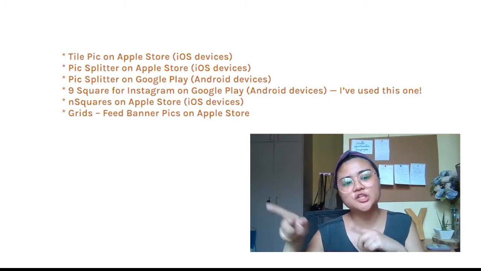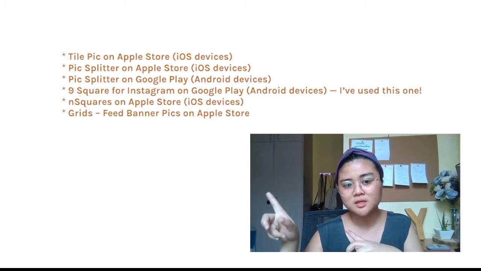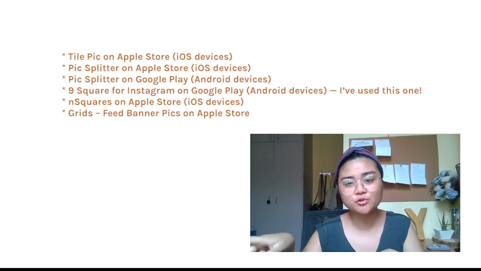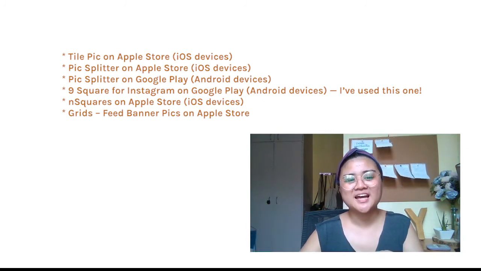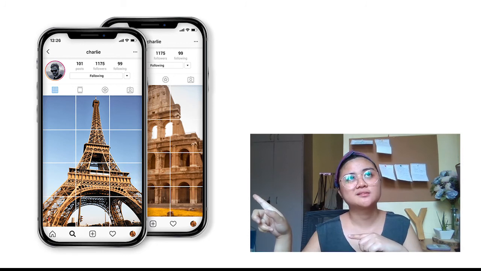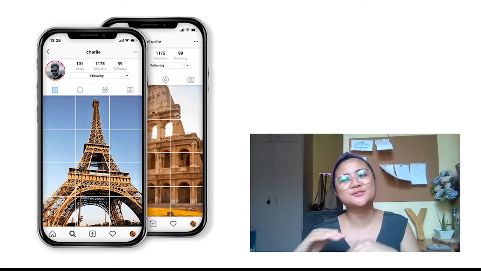I have listed here some of the free apps that you can download from Google Play Store or App Store, tools or apps that you can use in generating a 9 tile pic. So are you familiar with this kind of feed or grid? It's like the whole picture sliced into 9 tiles.